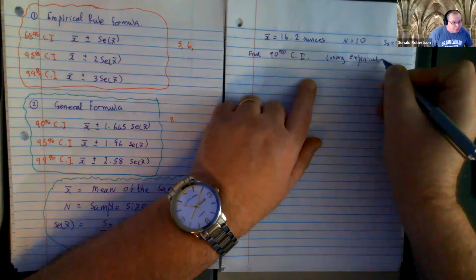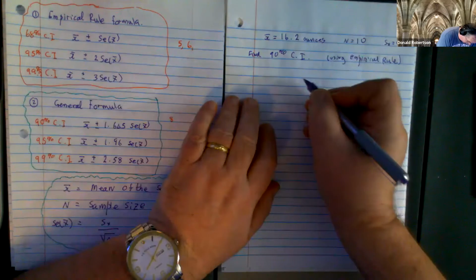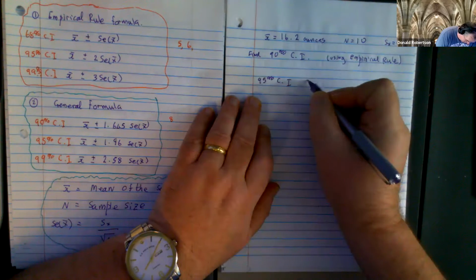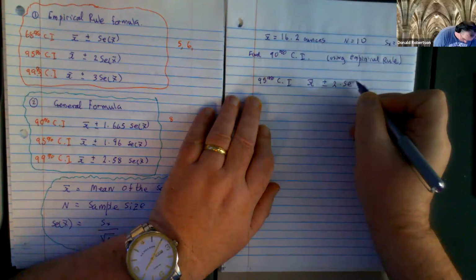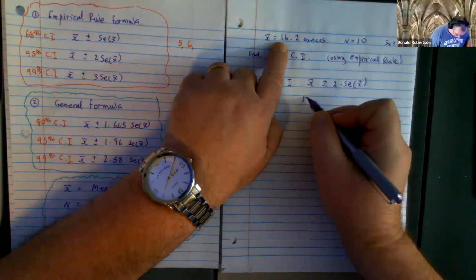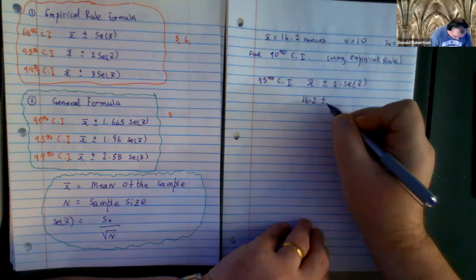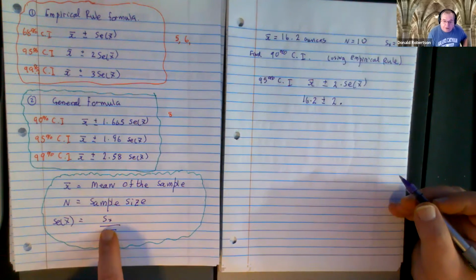Well, that means you're using this one. So your 95% confidence interval is X bar plus or minus 2 standard errors. This is 16.2 plus or minus 2 times, and the standard error is given by this formula down here.